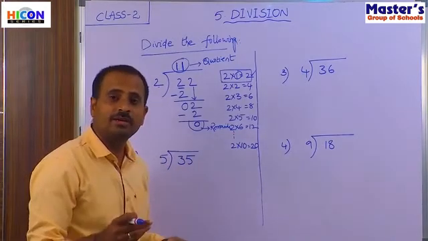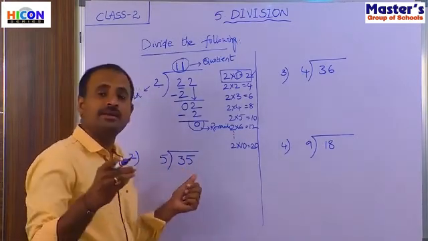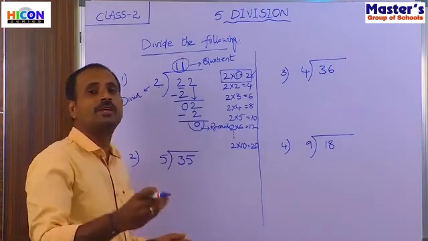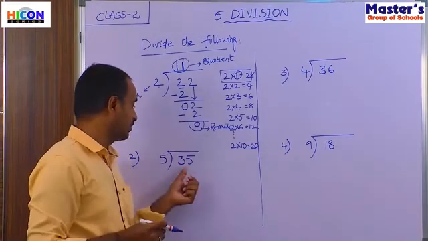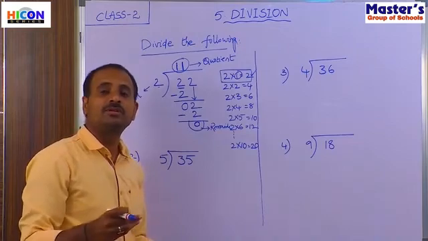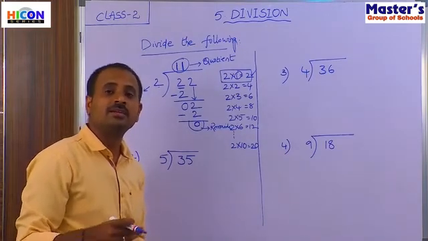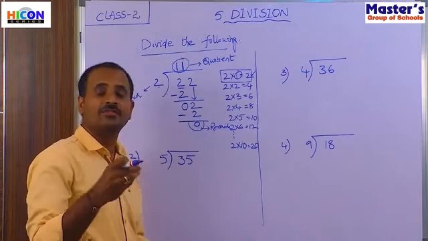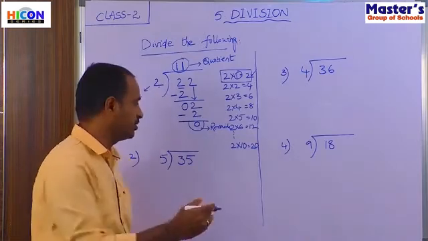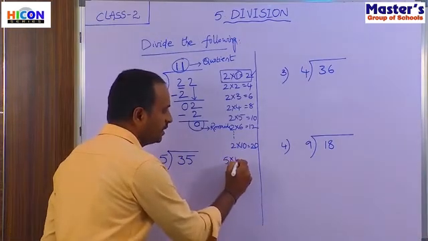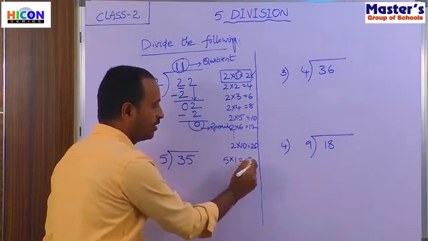So let us check, when does the number 35 come in the fifth table? Let us recall, let us memorize the fifth table. 5 ones are 5. If you take one time, we will get 5.